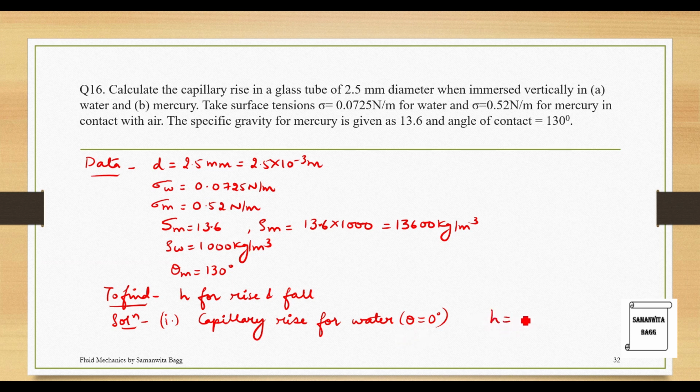For h, the formula is 4 sigma cos theta upon rho g d. So this will become nothing but h is equal to 4 sigma upon rho of water g and d. So this is also for water. We will write here cos of theta is equal to cos of 0, which is equal to 1. So this cos term is gone.